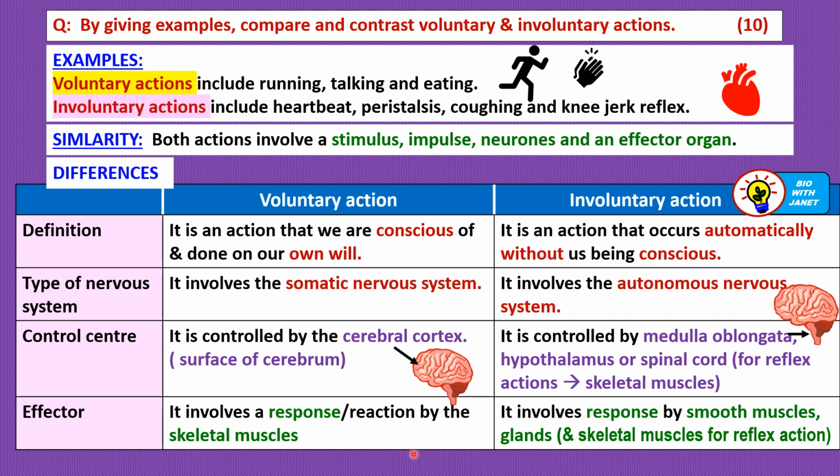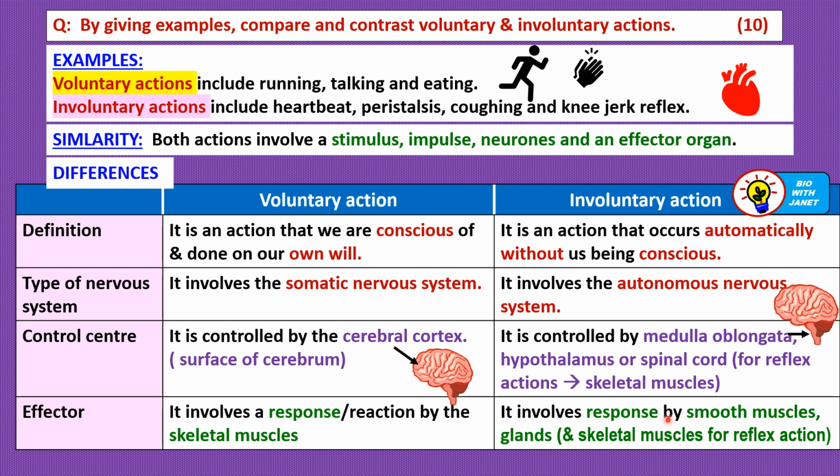Okay, effector. Effector means the part of the body that responds to the stimulus. So for voluntary action, it involves a response by the skeletal muscles. That means the effectors are the skeletal muscles in different parts of the body. And for involuntary actions, the effectors are the smooth muscles and glands.